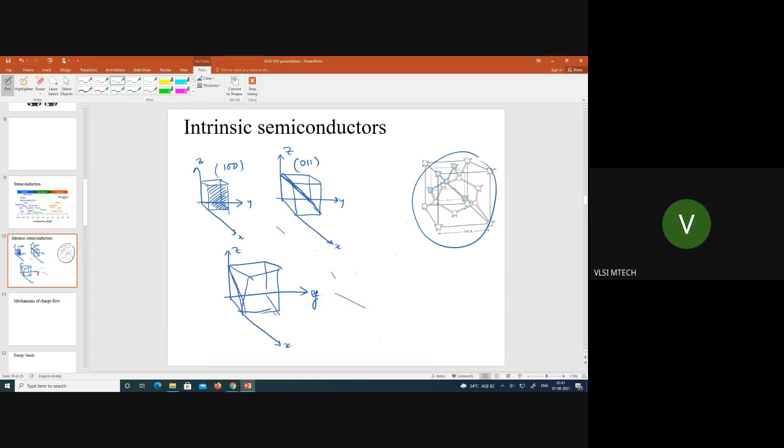This one, this one, this one. So if you can imagine this triangle inside this, this is 111. So these are the crystal planes. The wafers are usually cut along one of these planes. The most common is 100.